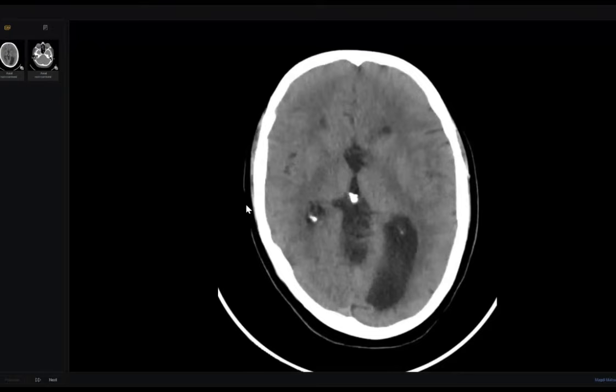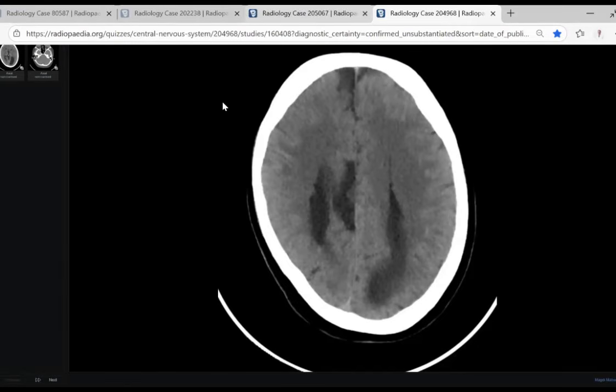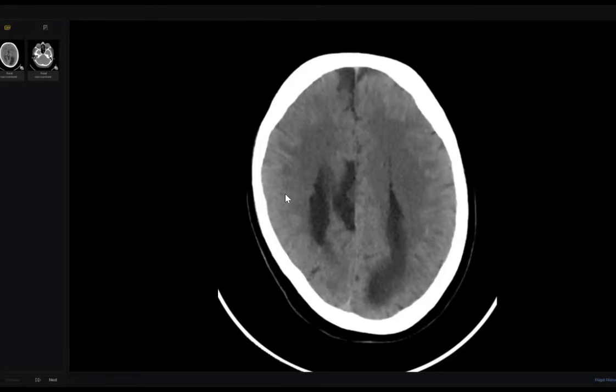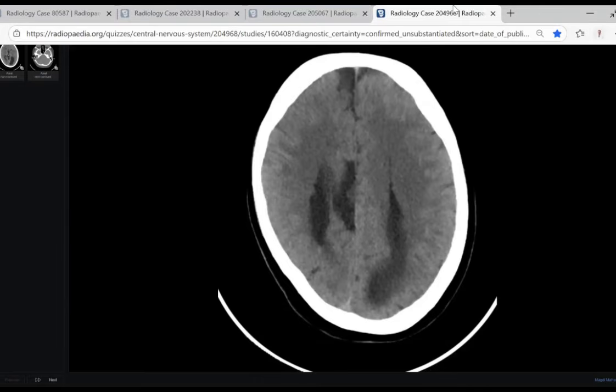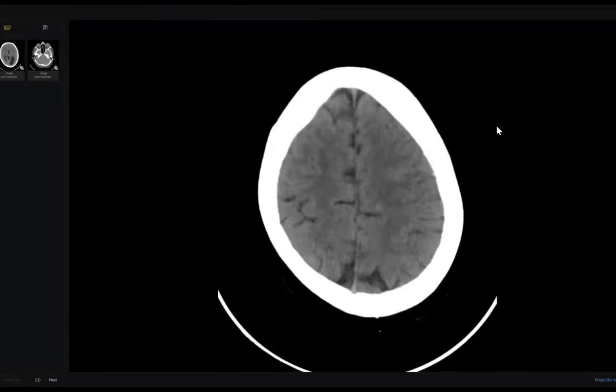So what's your diagnosis? I'm thinking of either cerebral artery, but it doesn't look like infarction.